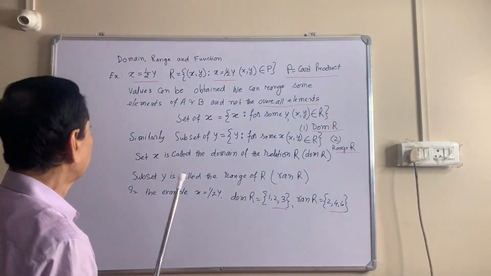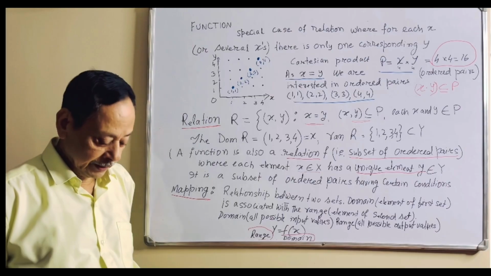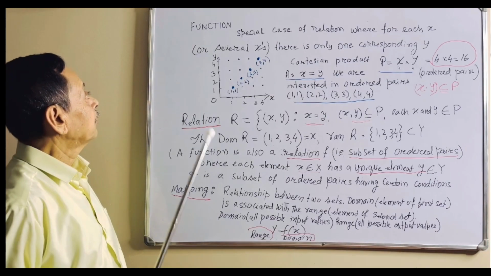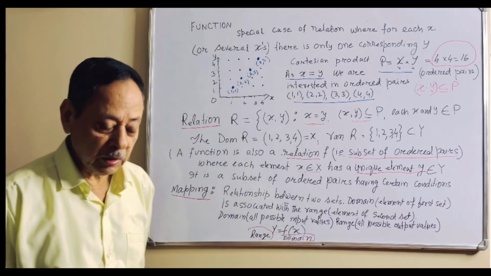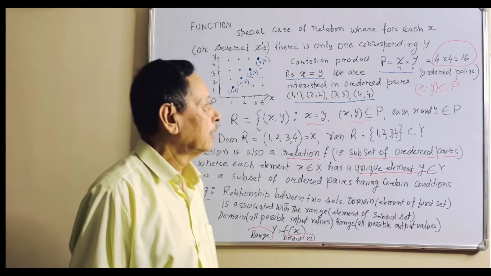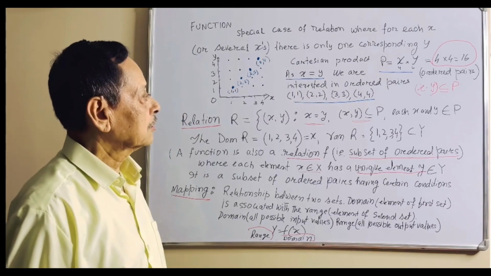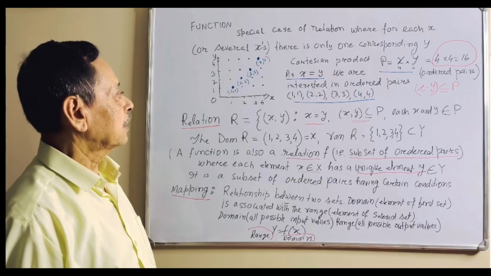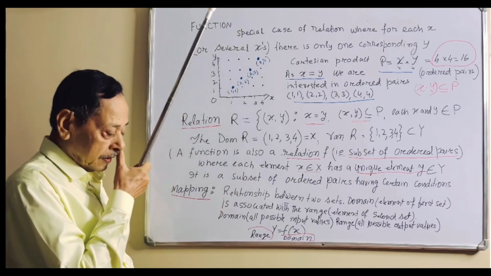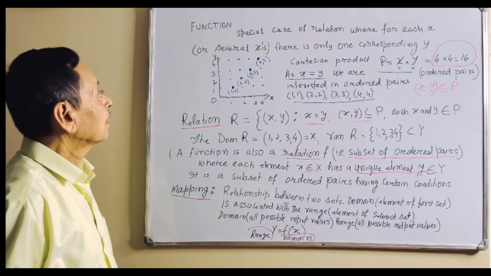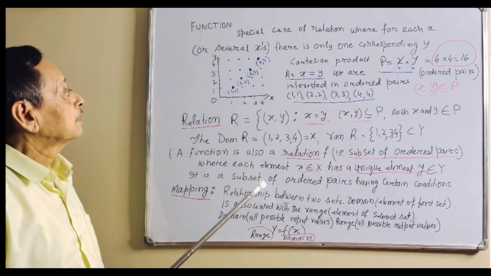Then we will come to functions. We are going to discuss functions. We have already discussed relations and also Cartesian products, ordered pairs, etc. This will be used in understanding functions. Now, what is the basic concept of a function?